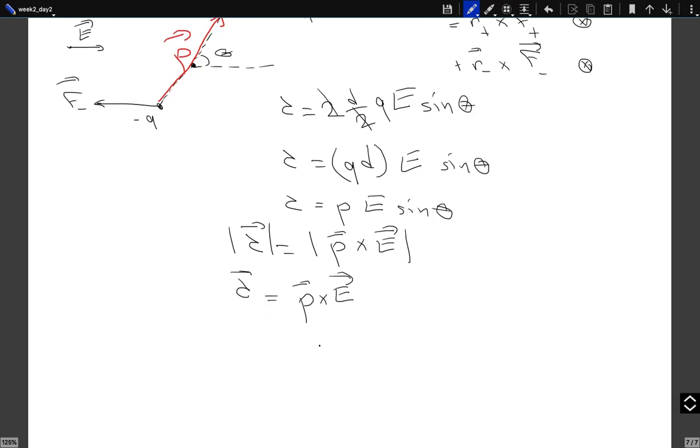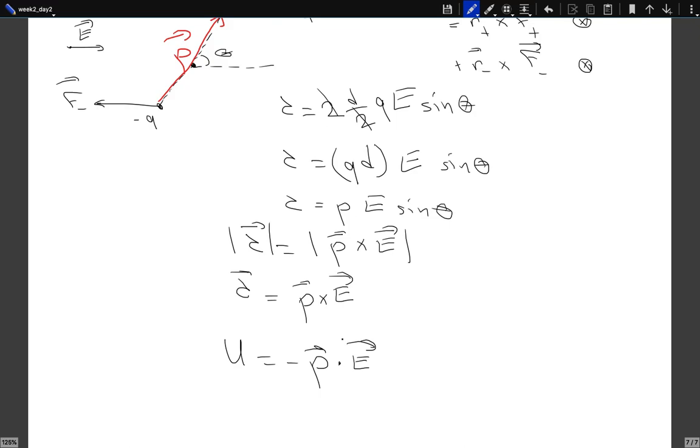Now, if there is a torque acting on the system, what is the potential energy corresponding to this torque? You can say minus of this, because potential energy was the minus of work.